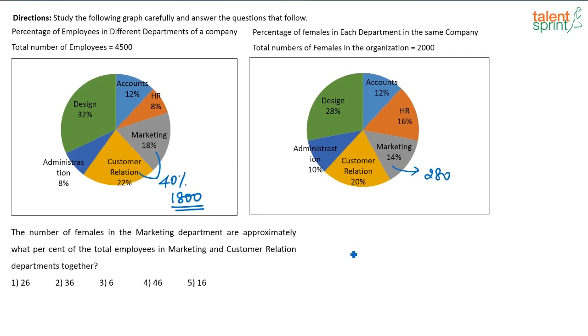What is the percentage that they have asked for? 280 divided by 1,800 into 100. So what will be the answer here? 28 by 18, that is 280 by 18. So approximately it will be somewhere around 16%. So option 5, 16 is your answer.